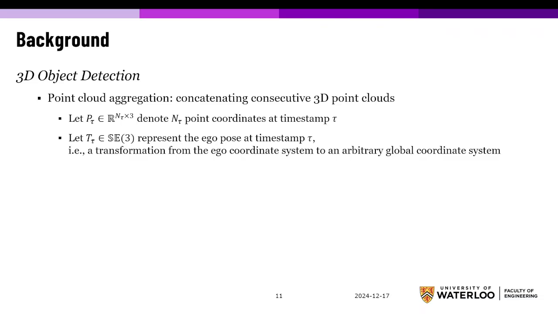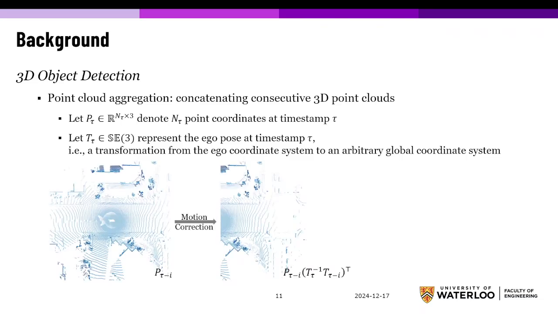And what that matrix is representing is basically a transformation from the ego coordinate system to a particular and arbitrary common global coordinate system. Sometimes it can be determined by, for example, the first frame of the sequence of point clouds, or it can be determined by a GPS coordinate system.